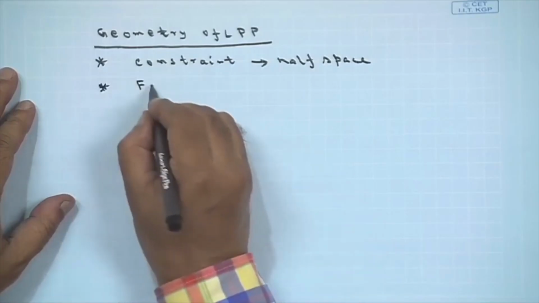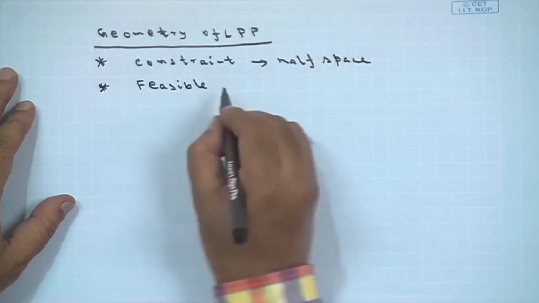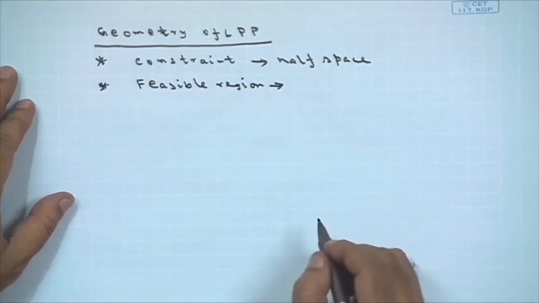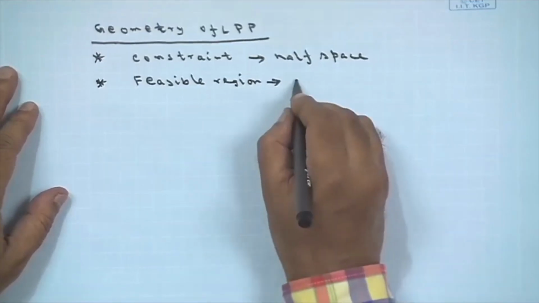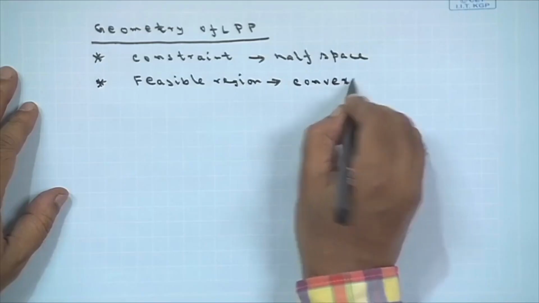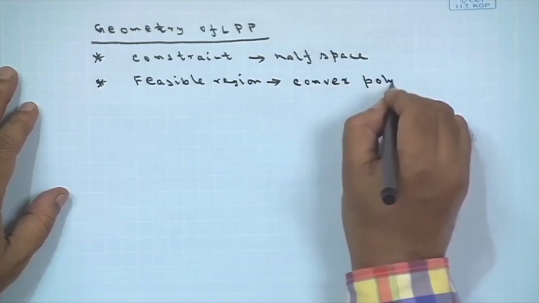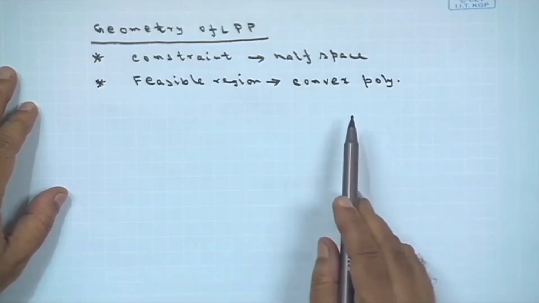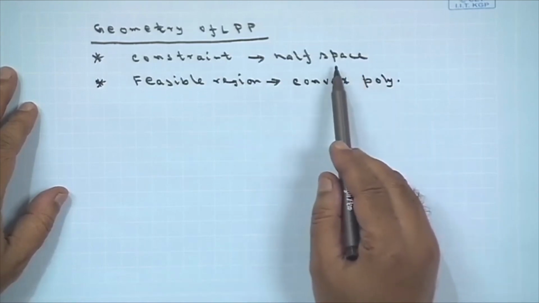And the feasible region, we have already talked about the feasible region. This feasible region is nothing but the convex polyhedron. It is defined as the intersection of the half spaces.